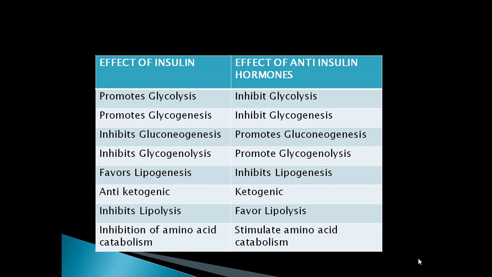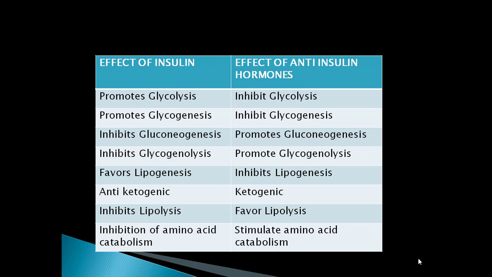This set of hormones has an opposing effect also on lipid metabolism, where it inhibits lipogenesis, at the same time favoring lipid breakdown, that is lipolysis, and they are also ketogenic in nature. They tend to favor the synthesis of ketone bodies.